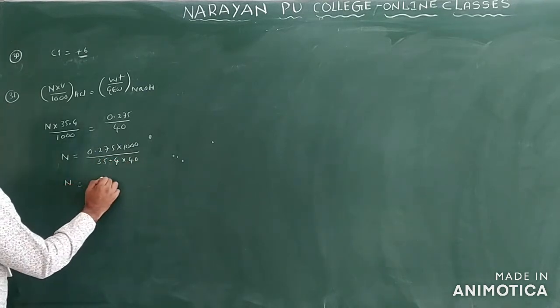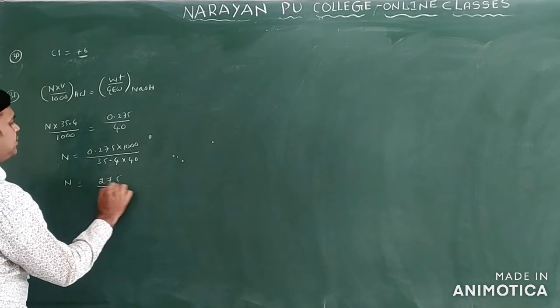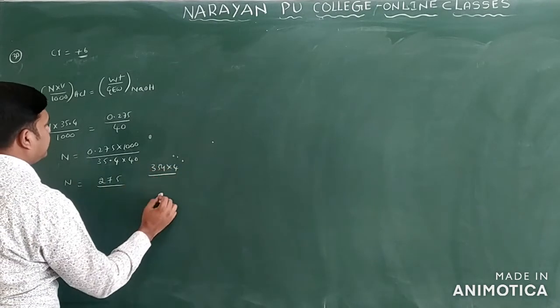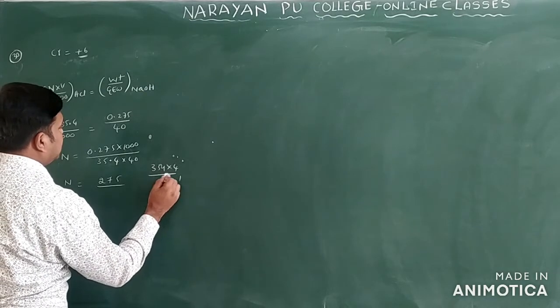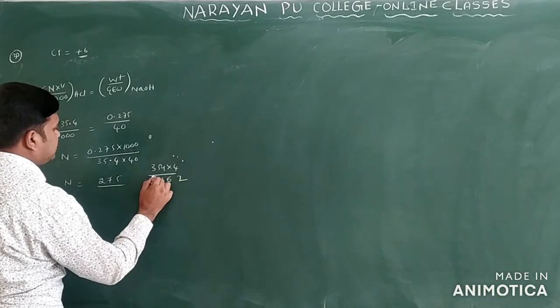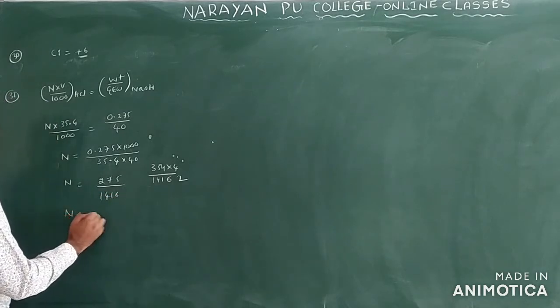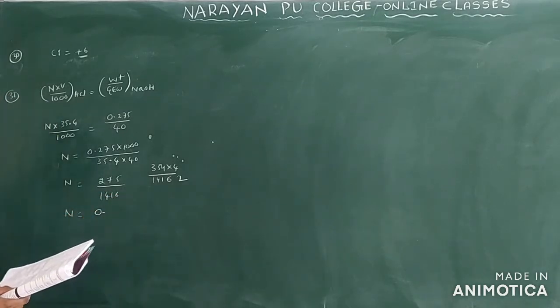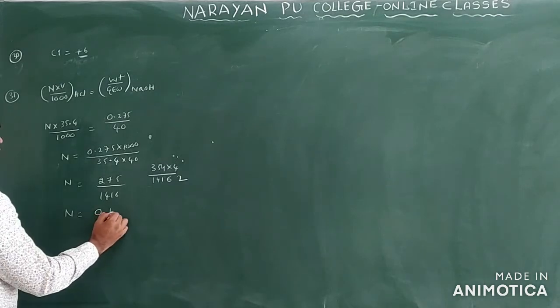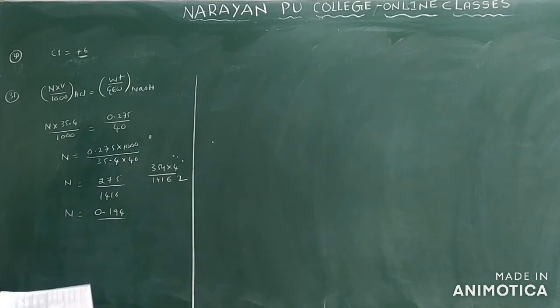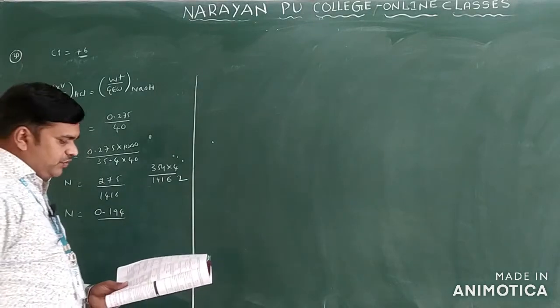You will write N is equal to 275 by, you will multiply 354 into 4, we have 16, and this is 20, 21, and we will get 1416. So normality approximately we will get 0.194 only. This is question number 31.